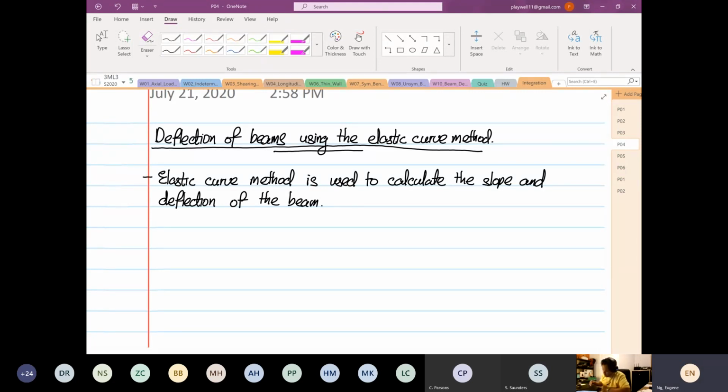Okay, the elastic curve equation is EI d squared y over dx squared is equal to moment as a function of x.